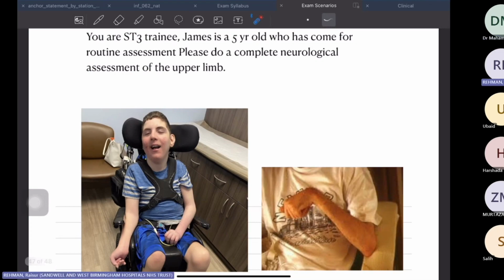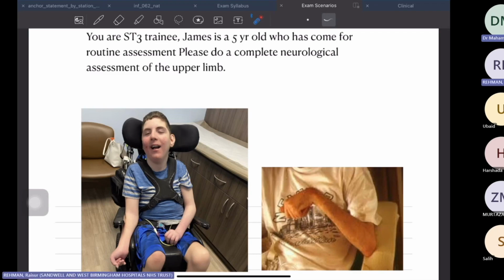The palm and the nails look normal, pink, well perfused, and they are warm. Okay. Go on. So now I will move forward and start inspecting the forearm.